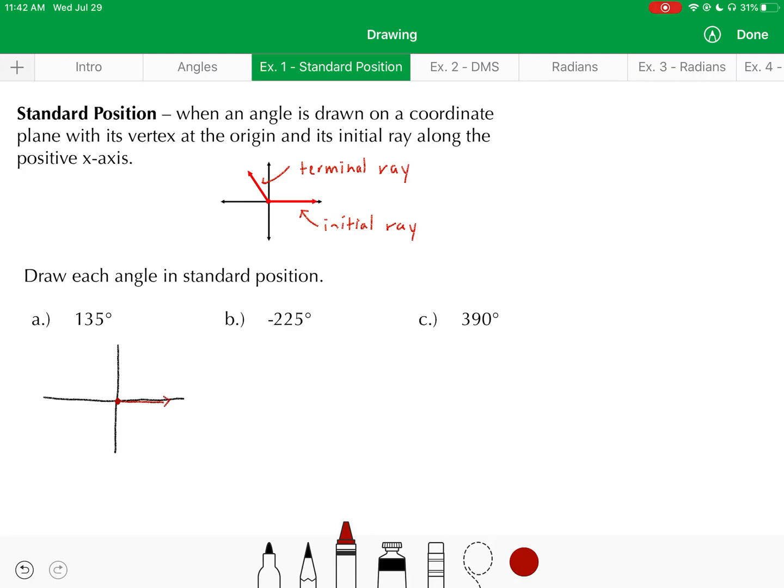We know if we rotate that angle counterclockwise and put the terminal side of that angle on the positive y-axis, that would be 90 degrees. Well, we need to go 45 degrees further for a total of 135, and that's going to place the terminal side of this angle halfway into the second quadrant.